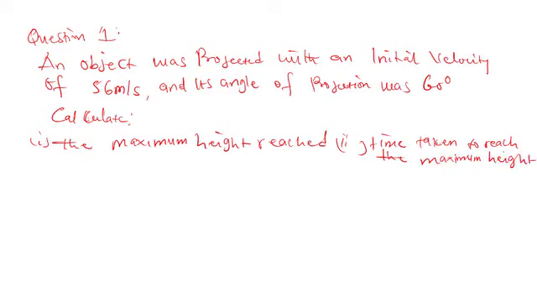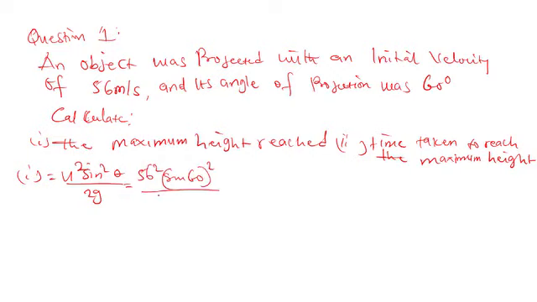Now I said the formula for maximum height is equal to u squared sine squared theta all over 2g, which is equal to, remember our value of u is 56, so 56 squared times sine 60 all squared, divided by 2 times 9.8, because the value of our g is equal to 9.8 meters per second squared.